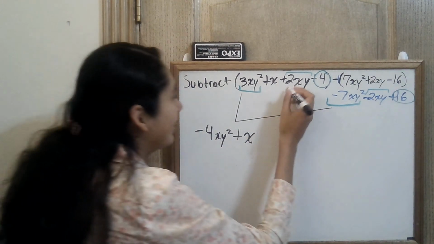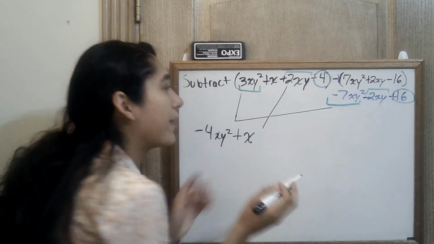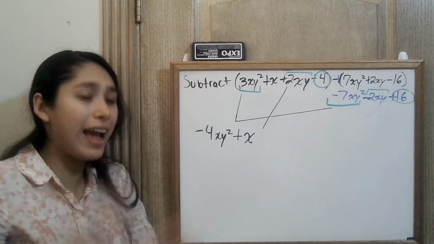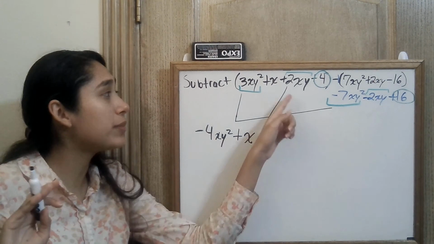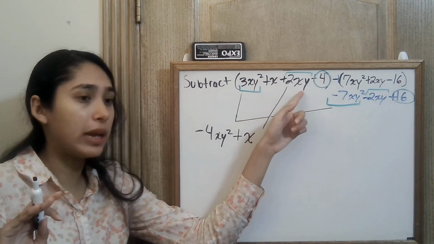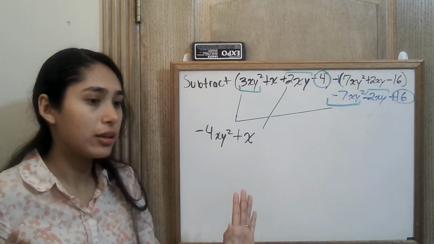Okay. And then we have a +2 and a -2. Okay, so that's 0. So everything goes away because the coefficient is multiplying the variable, and if you multiply anything by 0, you get 0.